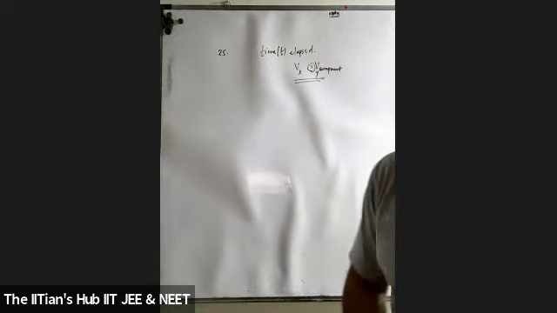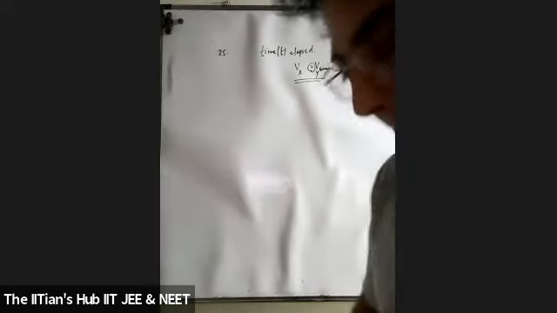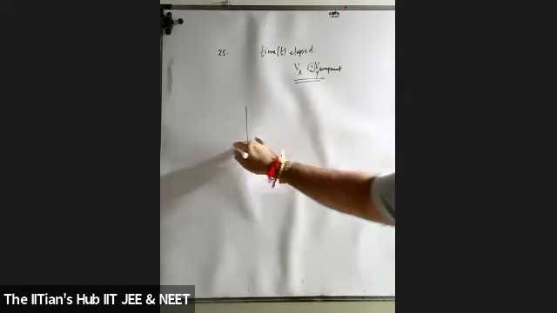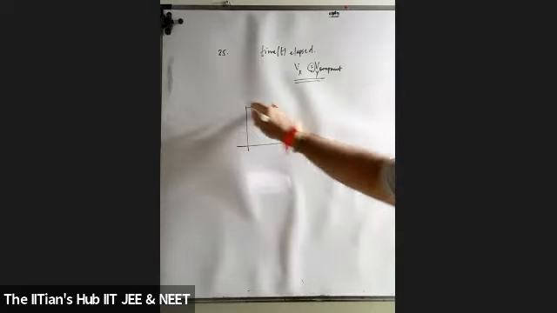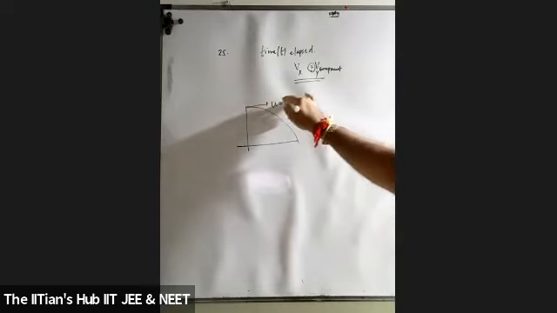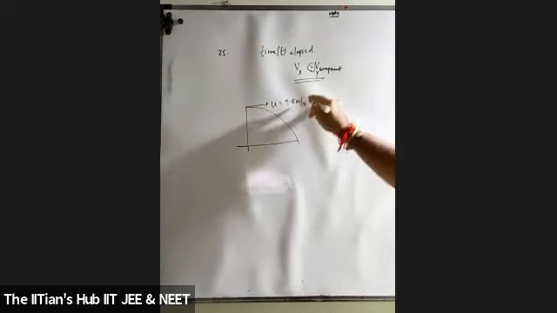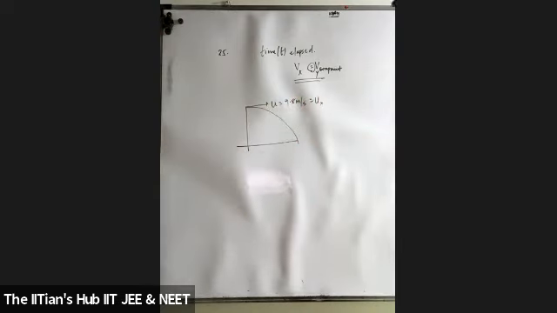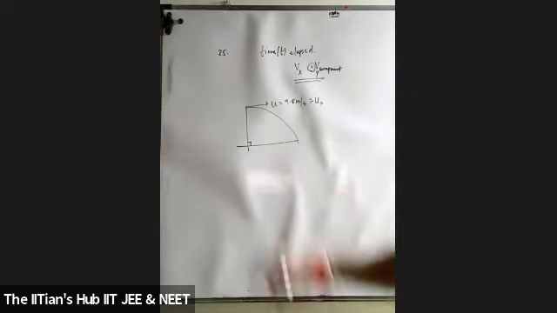Sir, here it is given that it is projected with an initial velocity of 9.8 meter per second. So the horizontal velocity would also be equal to the initial horizontal component of velocity, that is 9.8 meter per second. And it is also mentioned that horizontal and vertical components are equal.